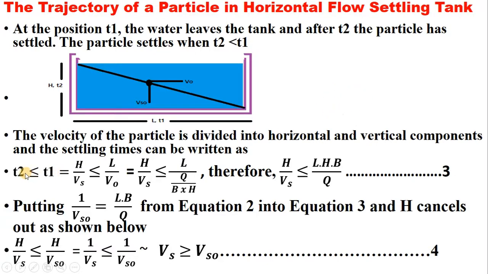So T2 is equal to the height, which is the distance in this vertical direction, divided by the settling velocity, which is this velocity in the vertical component, is less than or equal to T1.